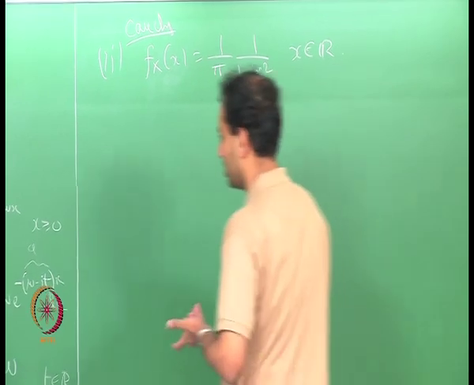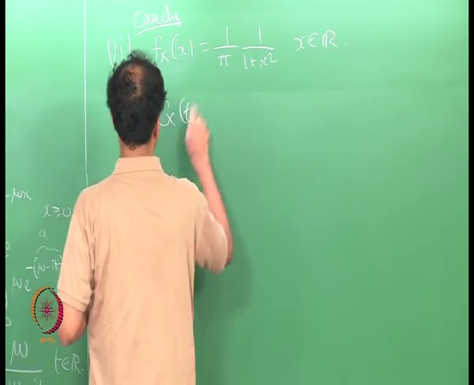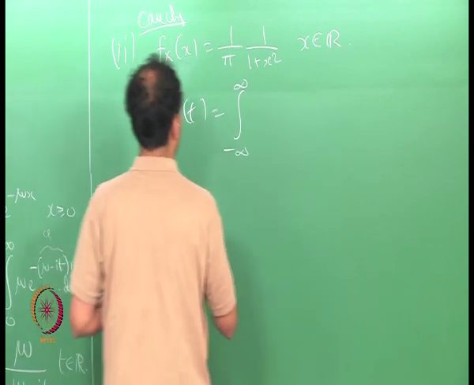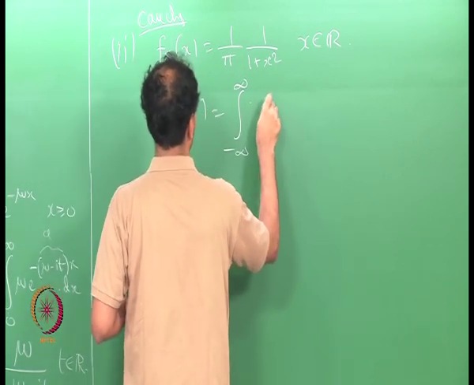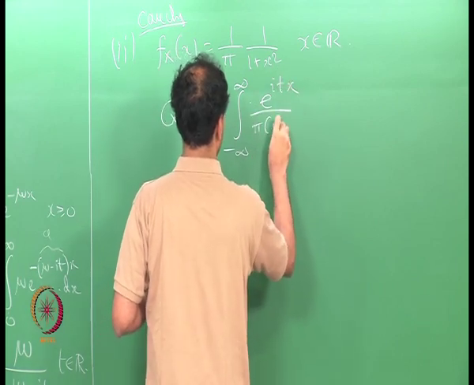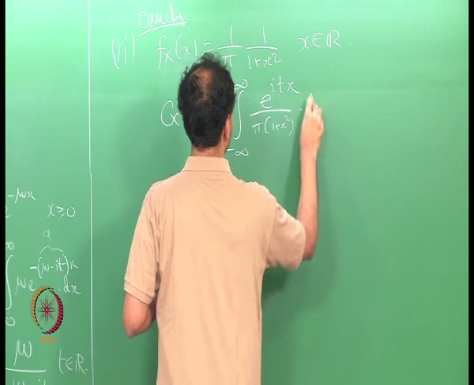In this case, your characteristic function phi_X(t) is equal to the integral from minus infinity to infinity of e^(itx) over pi times (1 plus x squared) dx.